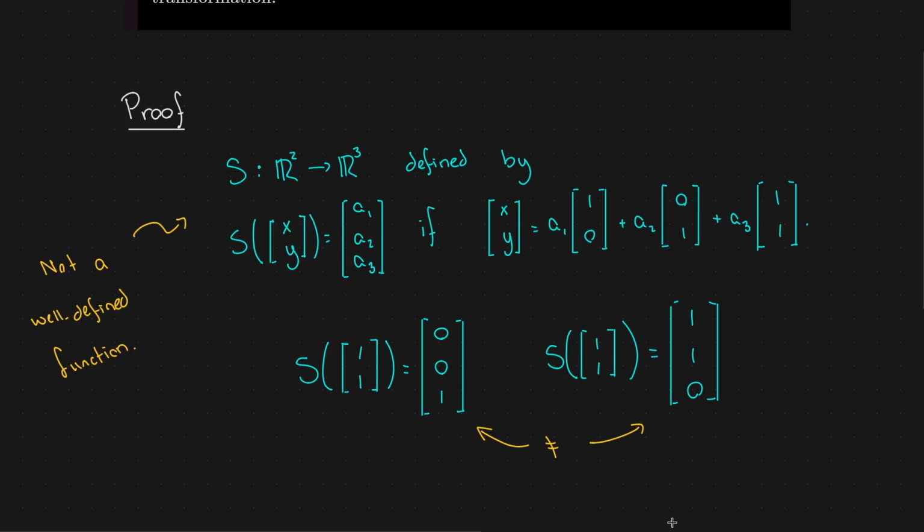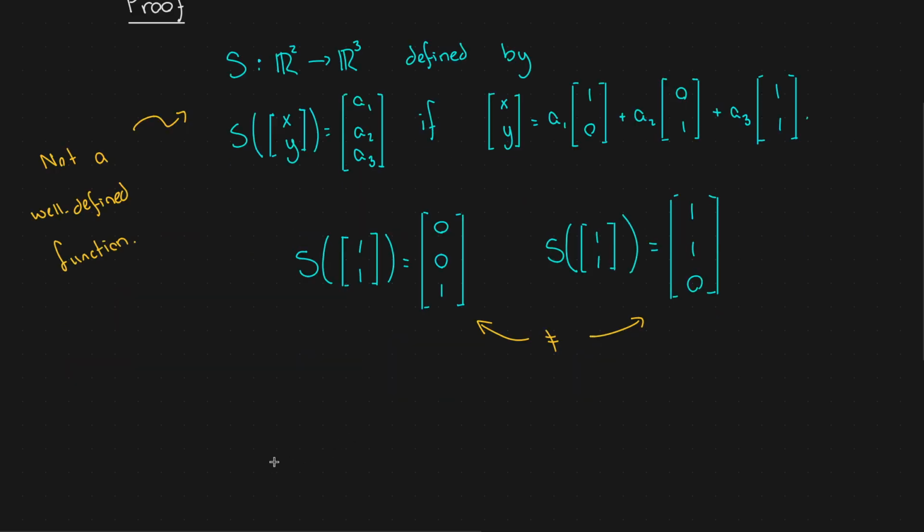So we're not even concerned at this point with whether this is a linear transformation. It's not a function. One of the properties of a function is that when you evaluate a function at an input point, you're only going to get one output. And here we're getting two different outputs. S is not a function. Okay? So this shows you the dangers of just defining something and assuming it's a function.